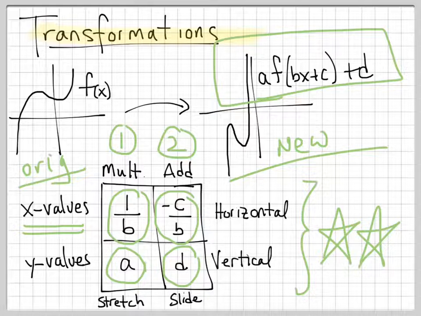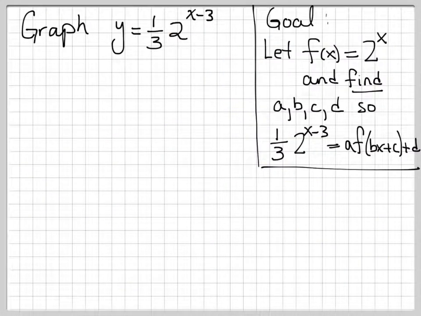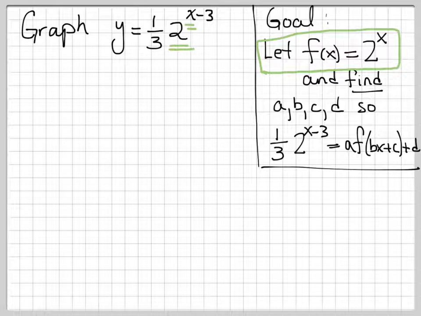This will give us the exact transformation each and every time. And so if I want you to graph y equals 1/3 of 2 to the x minus 3, then the main graph you should be basing this off of is just 2 to the x, right? There's the 2 to the x, but then there's all these crazy transformations happening.